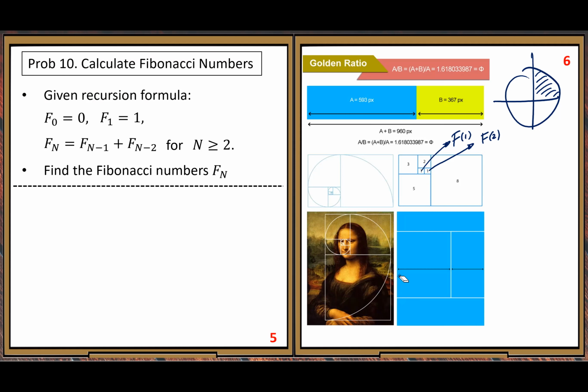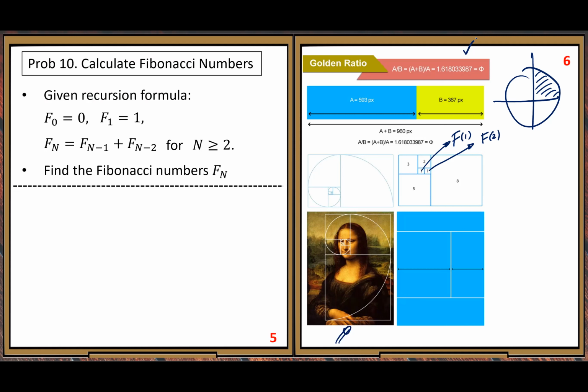You can find that kind of curve in the Mona Lisa painting. Pretty interesting property, and that one is also related to the golden ratio number here.